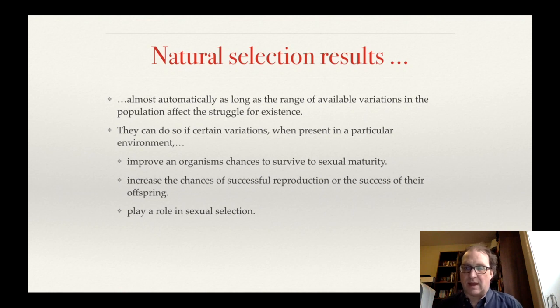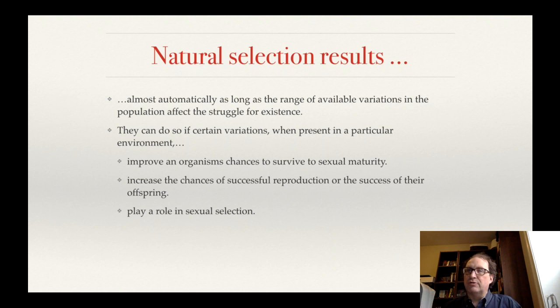Now, this is complicated, right? And there's a reason why Darwin plays terminological games, right? It's not God. It's just a natural fact that this happens as long as the conditions are met. So what are those conditions, right? Struggle for existence, and the variations have to affect one of the following three outcomes.